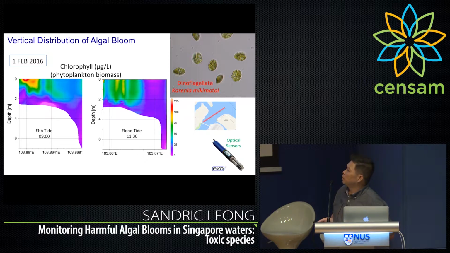As you can see from the left plot, during the ebb tide we see concentrated patches which stretch downwards to almost 2 meters, and at the outer part of the channel the concentration was not very high. During the flood tide, it is quite mixed, and the blooms extended down to more than 2 to 3 meters, at average concentrations.